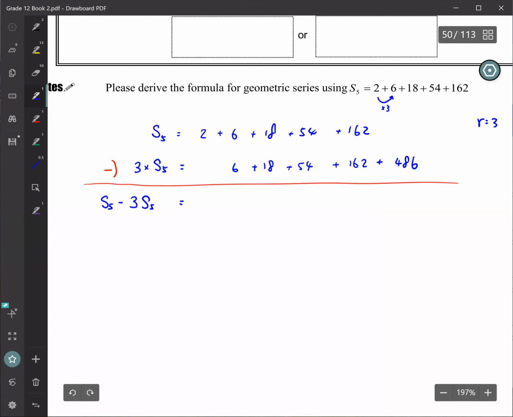And then on the right side, the 2 will subtract the 0, right? So it will be 2. 6 subtract 6, so these will be gone, right? 18 subtract 18, 54 subtract 54. So these are all gone. So you will just have the last term, which is 0, 0 subtract 486. So negative 486. Okay, do you follow so far?